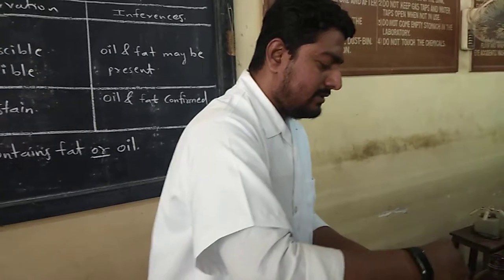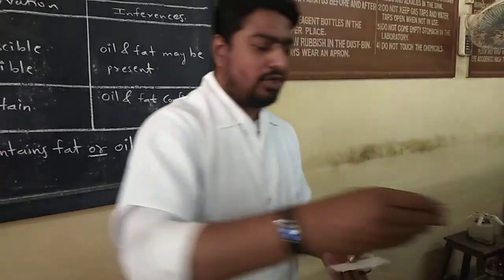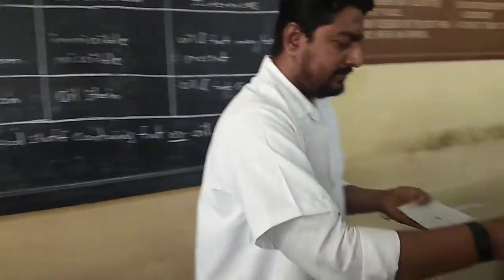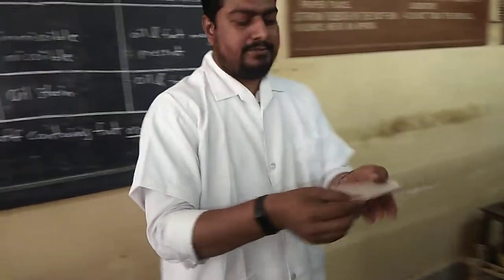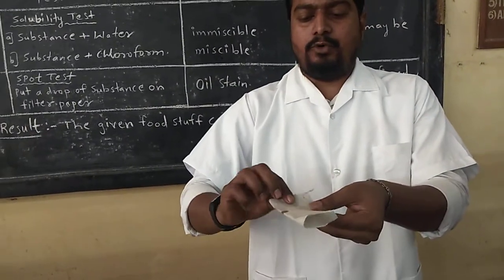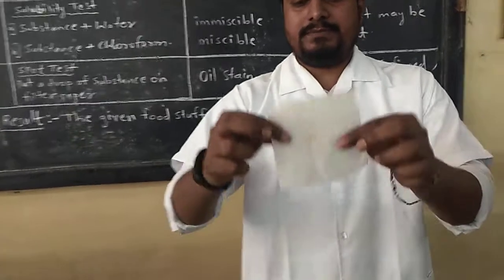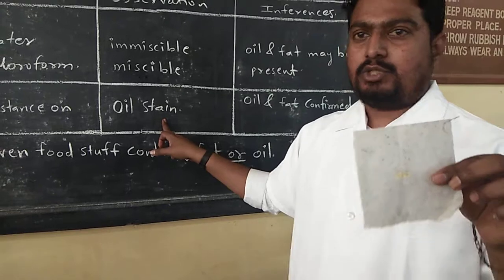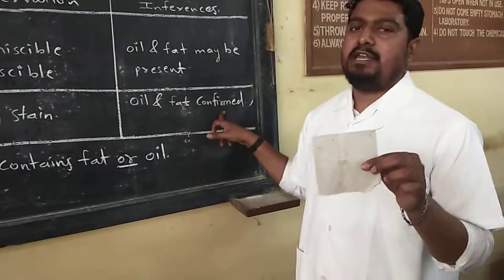You can use a glass rod to take a drop. See, I am taking a drop on the filter paper. After that, I am compressing it like this. I am folding. What do you see? You see an oil stain. So fat and oil is confirmed.